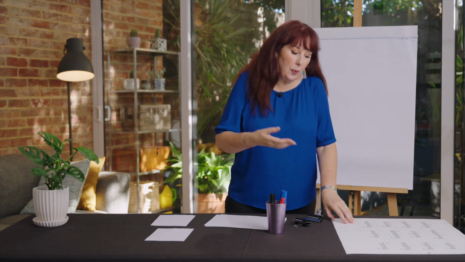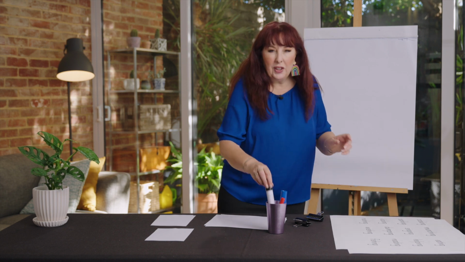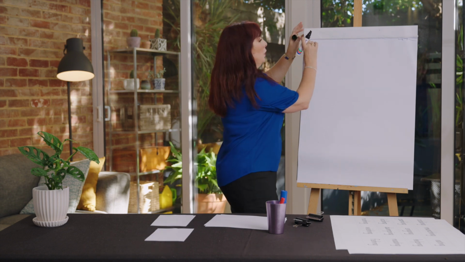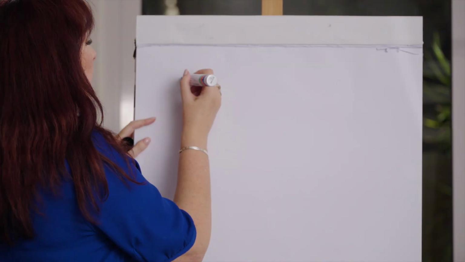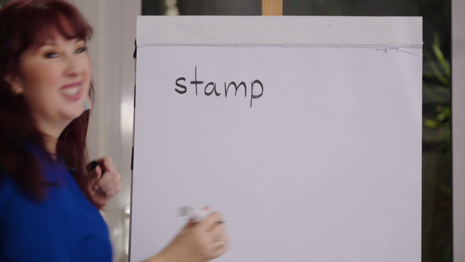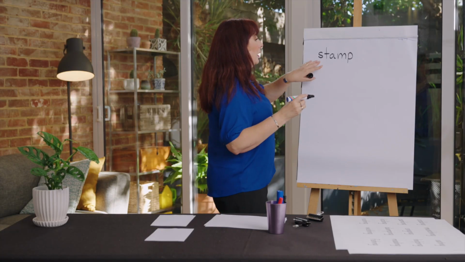Okay, so that's how we use ing, and that's how we can make it into a sentence. Let's have a look. We're going to do a little bit differently today. I'm going to write some words on the board, and we're going to turn them into doing words. So, I like to stamp. I could stamp my feet, or I could stamp a piece of paper.